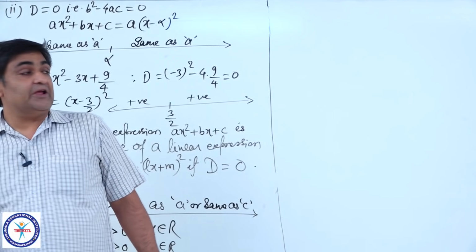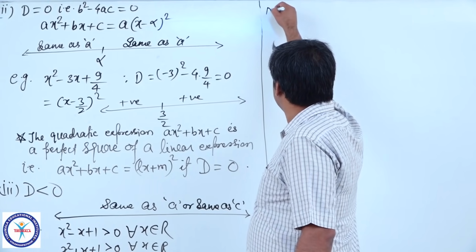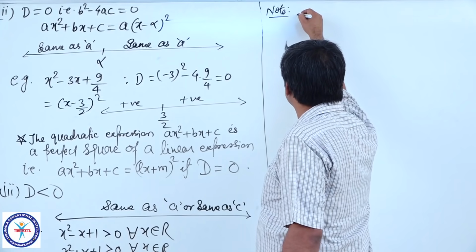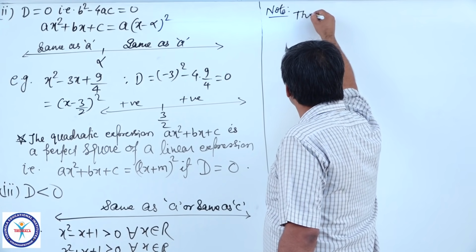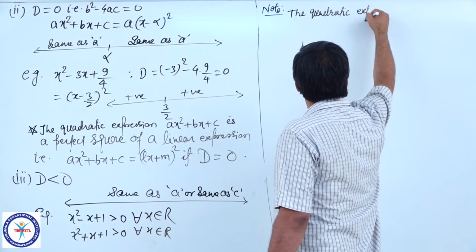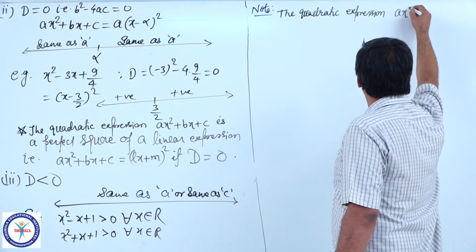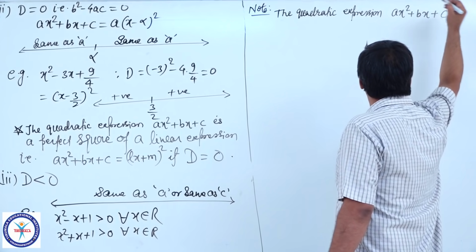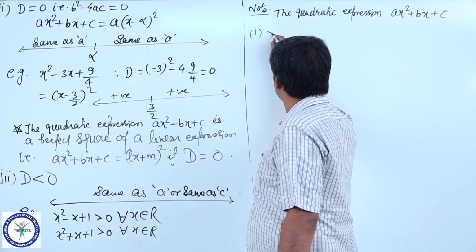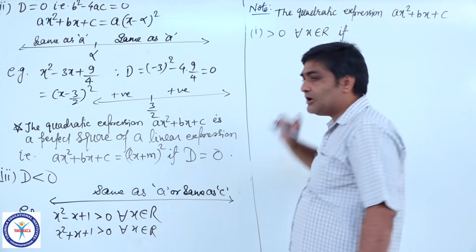Now, based on the second and third case, there are some salient points. The quadratic expression ax square plus bx plus c, now you can tell about the case.